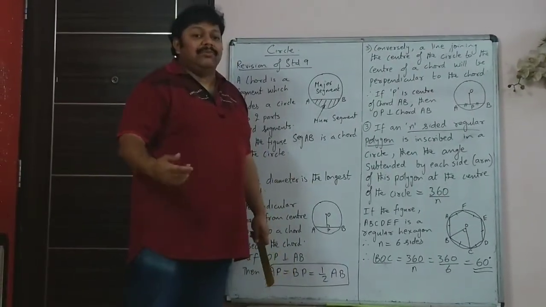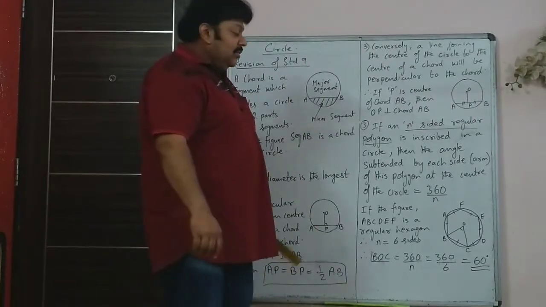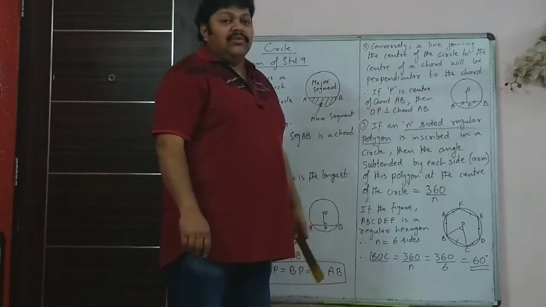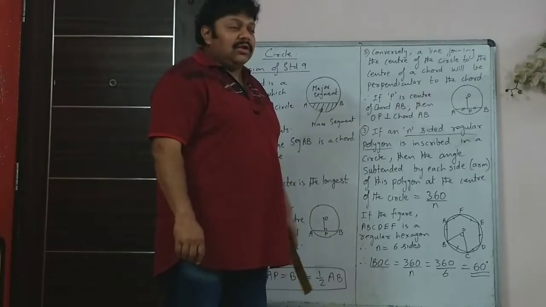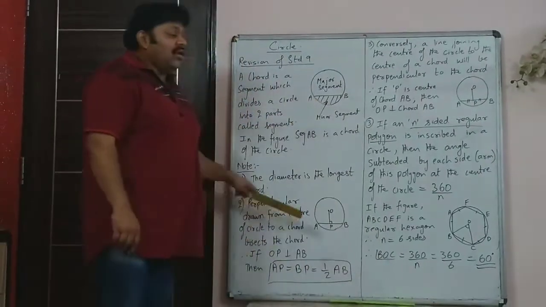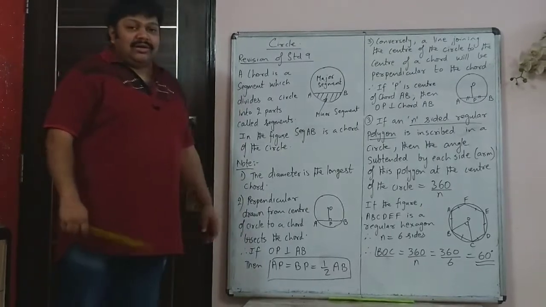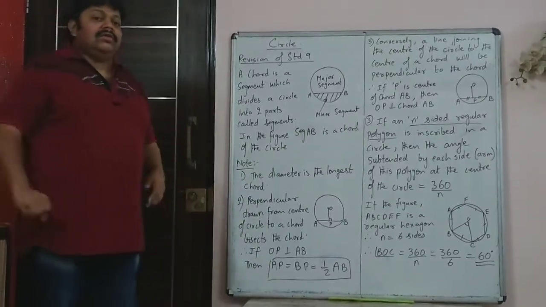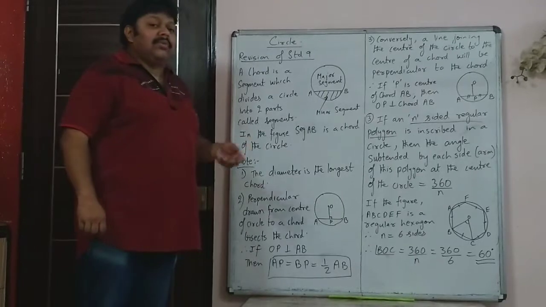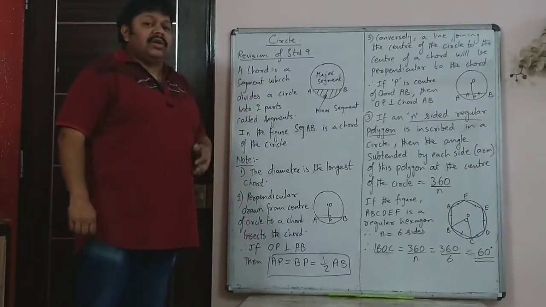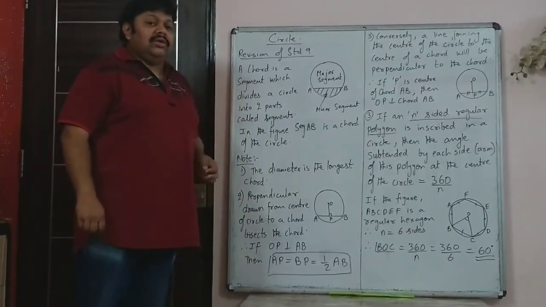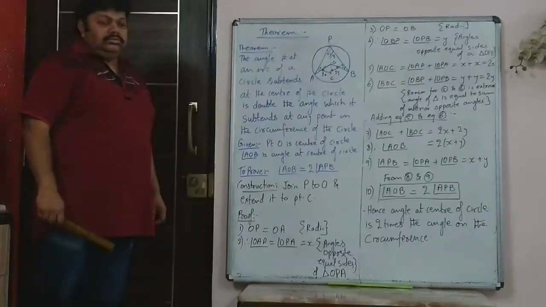Was it a regular pentagon, 5-sided figure, then it would have been 360 upon 5. That is 72 degree. So these are some common properties that you have to know, which is based on 9th standard. Now we will go on and see additional 4 theorems and properties which you have to use in the exercises which you do in this standard 10.